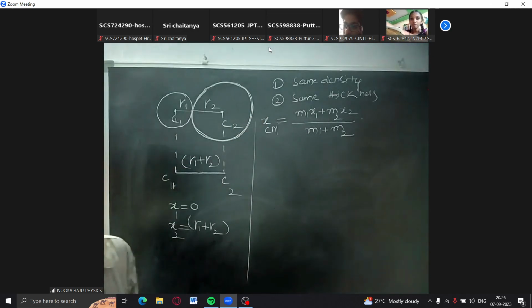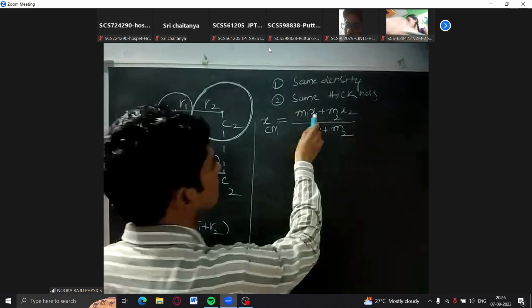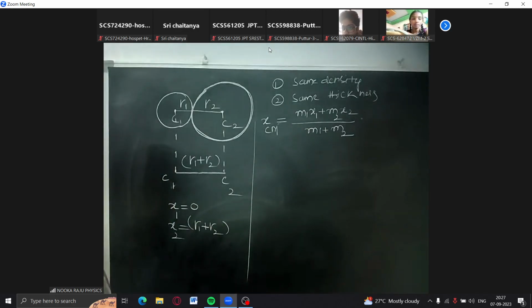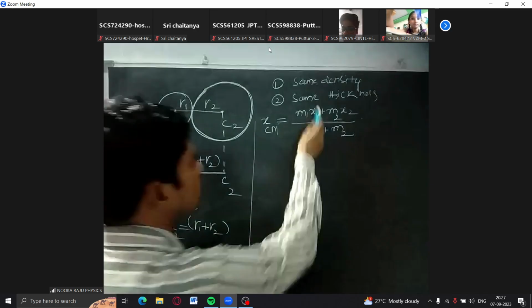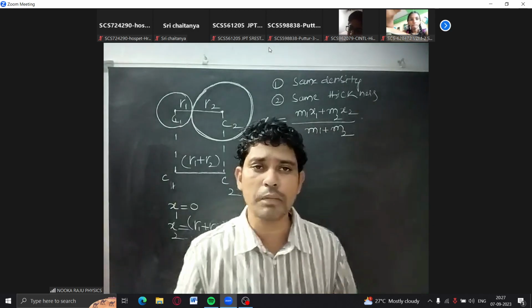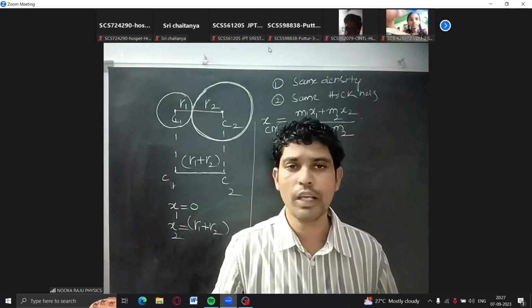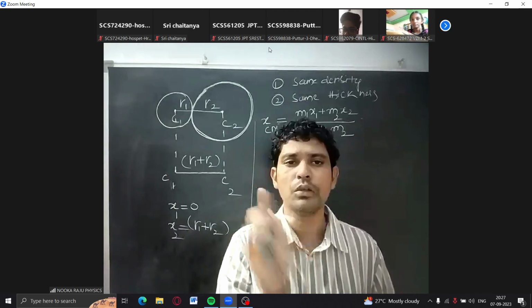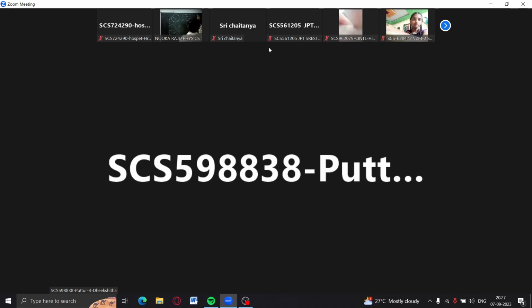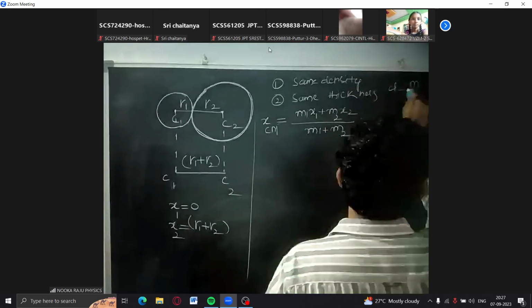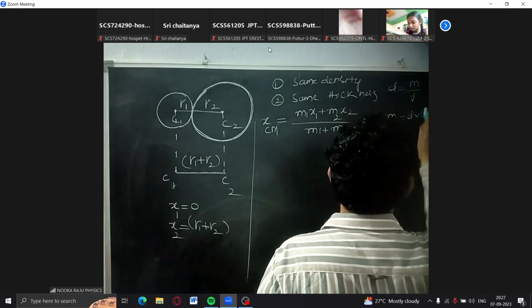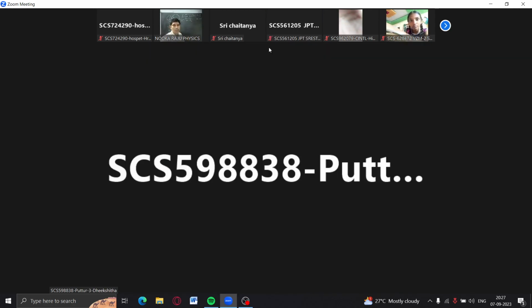Now how can we capture the mass, the displacement or position vector? Density equals mass by volume, therefore mass equals density into volume.